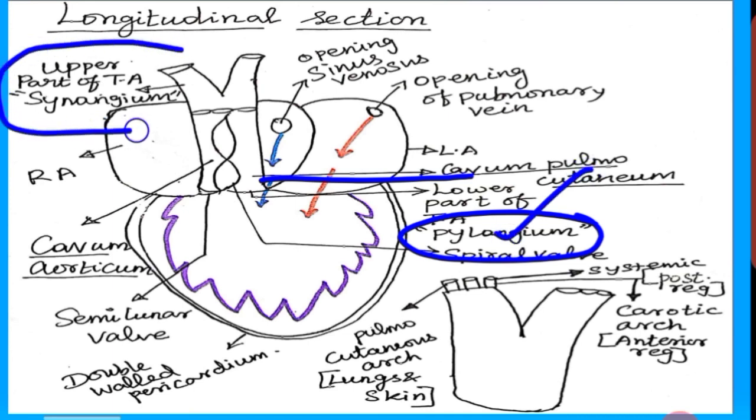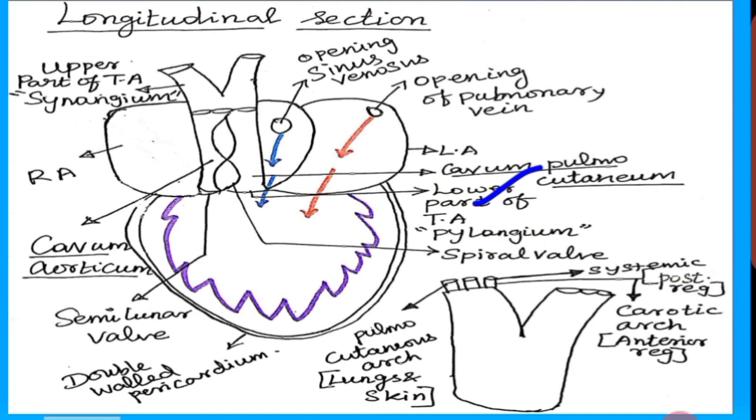Upper part of truncus arteriosus is named as synangium. Lower part of truncus arteriosus is named as phalangium, right? Internally, it has spiral wall.